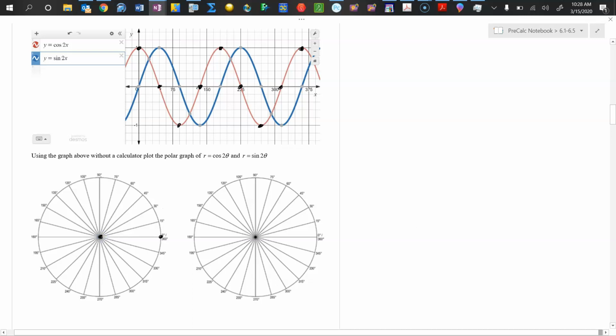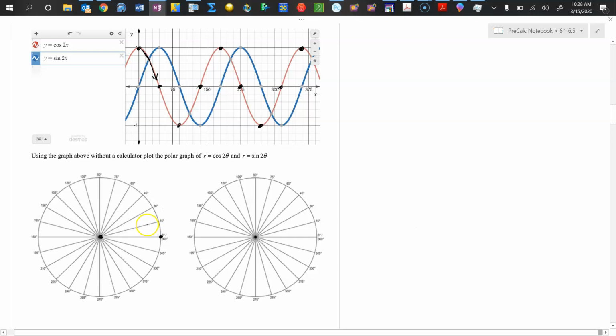But in between 0 and 45 degrees, you can look at the graph up above and you can see that y is decreasing, so from 1 towards 0. So the same thing is going to be true for r in our polar coordinate graph.